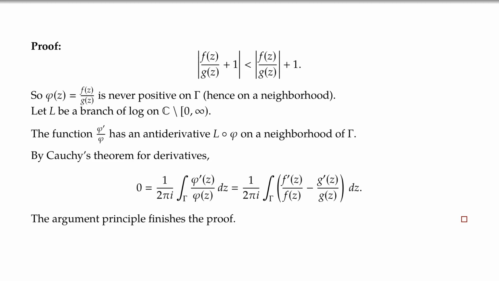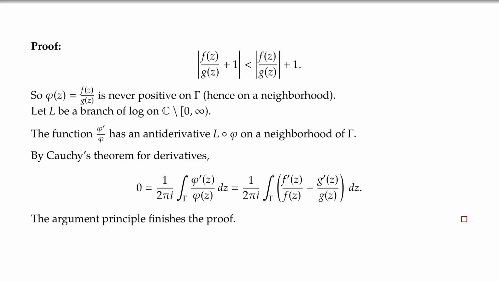Well, and if that's 0 on one hand, then if we compute what that is, and this is really just putting your quotient rule to work, you will actually get that phi prime over phi is equal to f prime over f minus g prime over g.